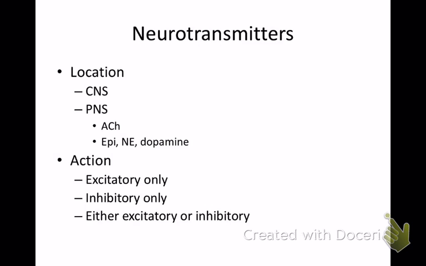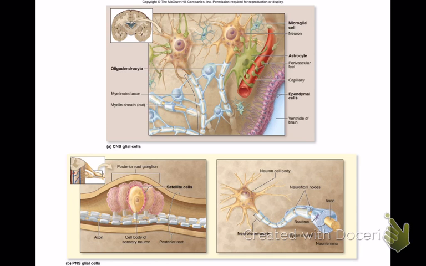All right, finally today, we need to talk about the neuroglia. And I know I've introduced the neuroglia, and you have a nice picture in your book. It's very pretty. But we need to look at what are the characteristics of each kind of the neuroglia and what, if any, clinical problems are associated with them.